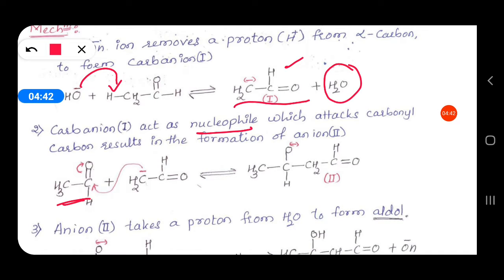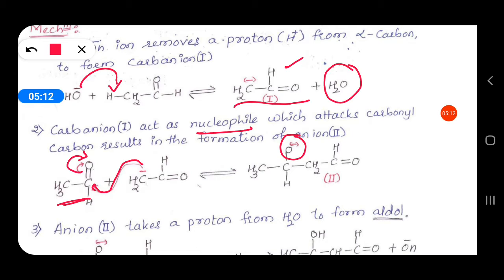Here, in the C double bond O, the pi electrons are shifted onto oxygen. So oxygen becomes negative, carbon becomes positive, and this nucleophile attacks that carbonyl carbon and gives the addition product. In that, the oxygen has a minus charge.